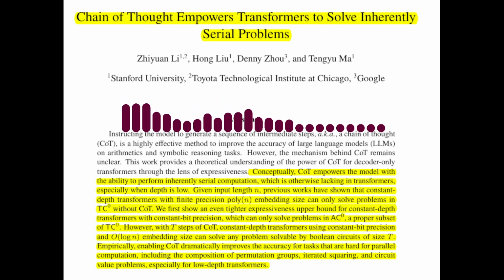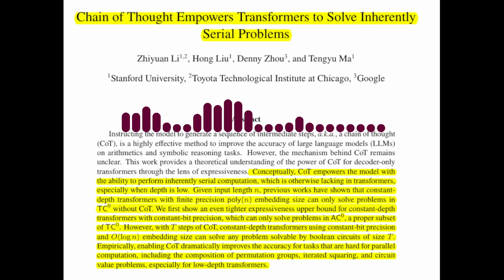Without chain of thought, the number of serial computations a transformer can perform is essentially bounded by its depth, which is considered fixed in this paper. However, by introducing intermediate steps, the model can effectively unroll the computation, allowing for a much larger number of serial operations.